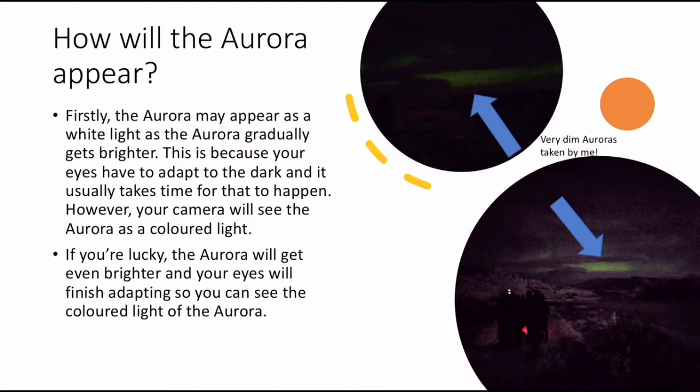Sometimes they're very dim on the camera, just like the ones I've taken on my camera. On the right two pictures, you can see they're very dim. But if you're lucky, the aurora will get even brighter than what I've taken, and your eyes will finish adapting so then you can see the coloured light of the aurora.